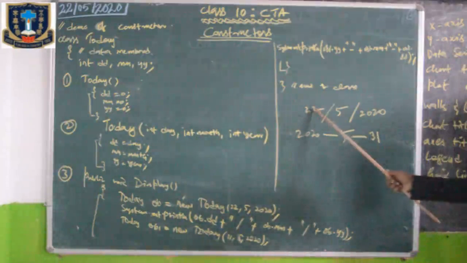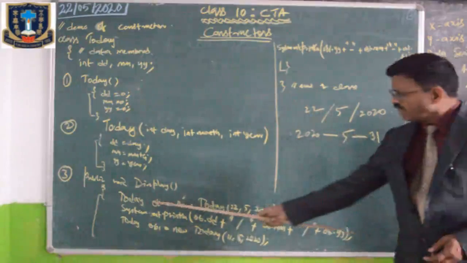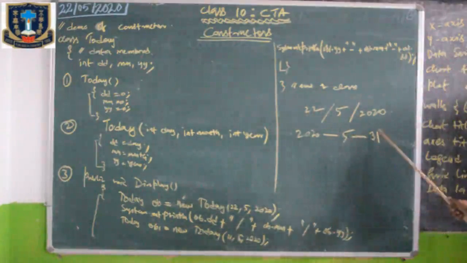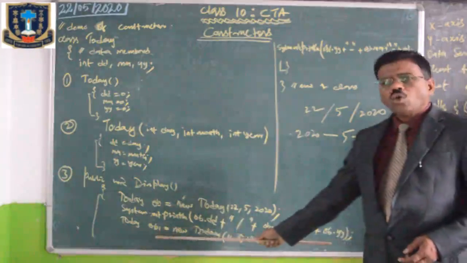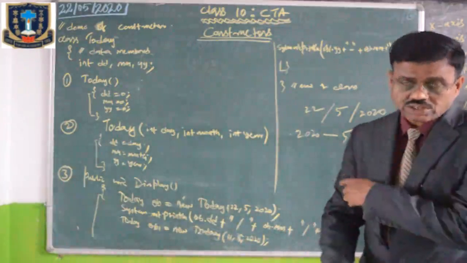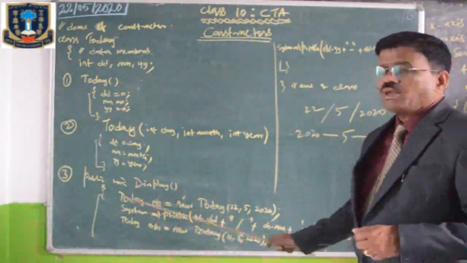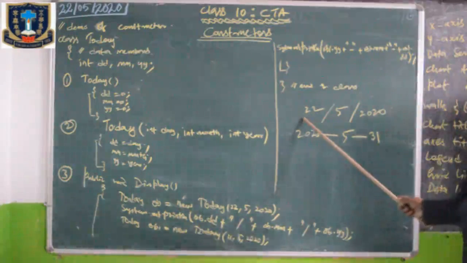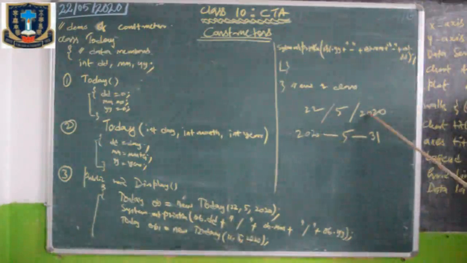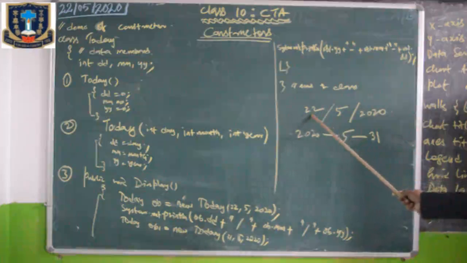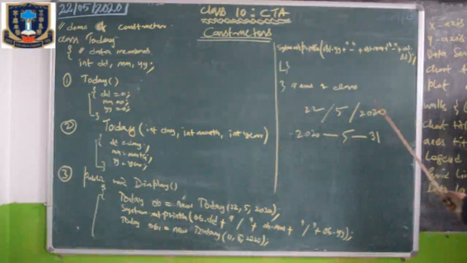So these are all the details that are available in ob. 2020, 5 and 31 are available in ob1. I create two objects in this program, namely ob and ob1. This is the British way of writing. This is the Japanese way of writing dates. We have the habit of following the Britishers: day, month and year.